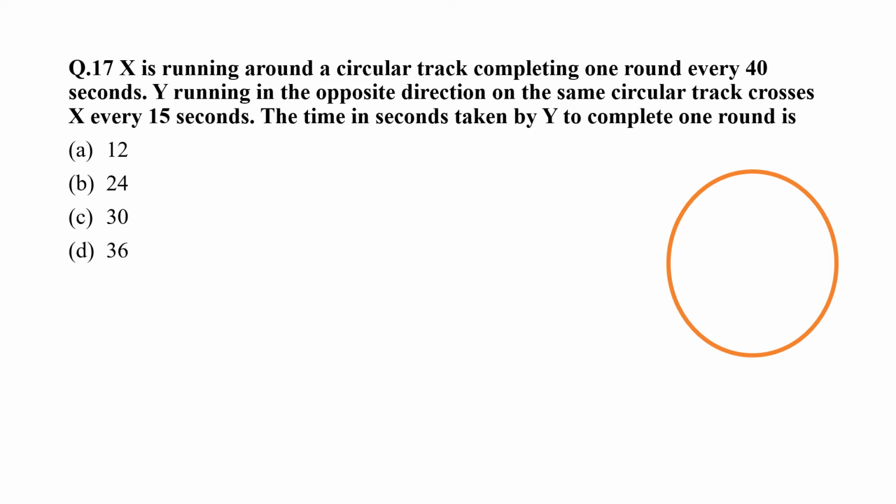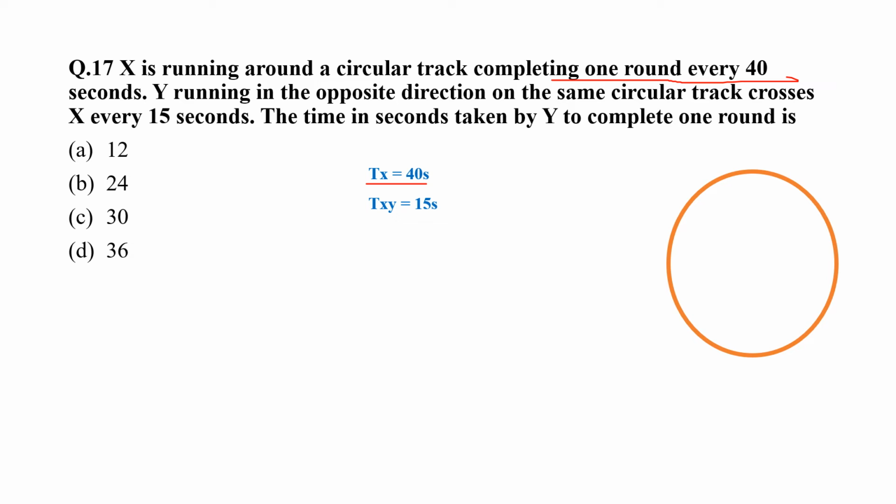Suppose this is a circular track of X, and X completes one round of the circular track every 40 seconds. So we take Tx equal to 40 seconds.